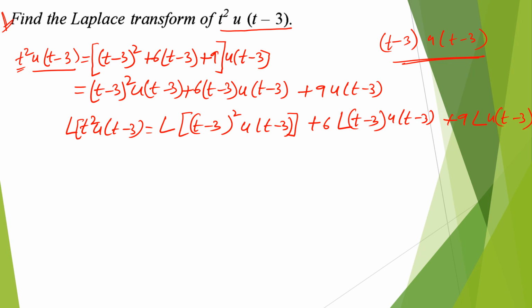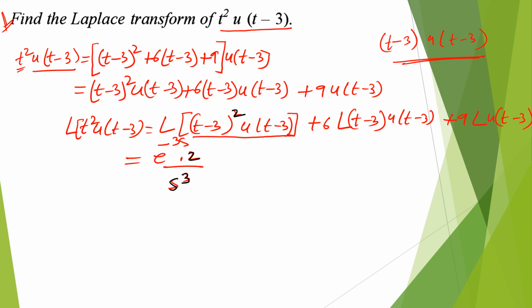So now we get the value e to the power minus 3s into 2 over s cube for this first term, because it is (t minus 3) whole square. So over here we use 2 and s cube.